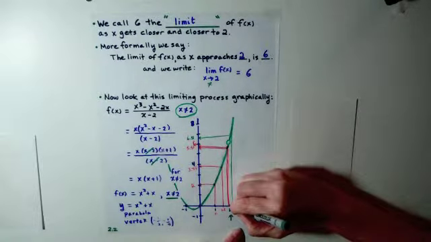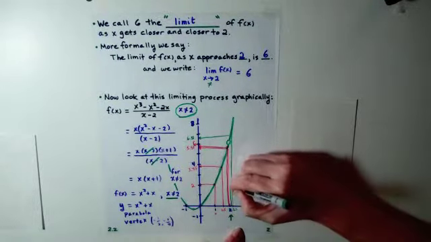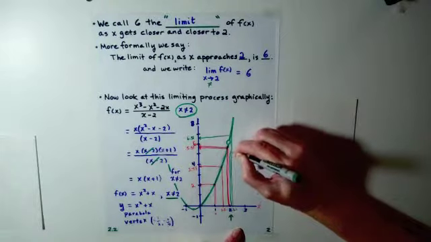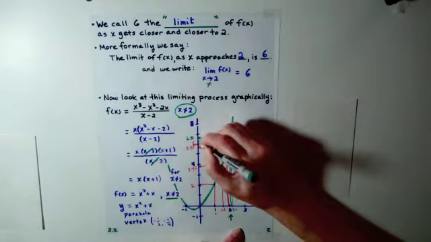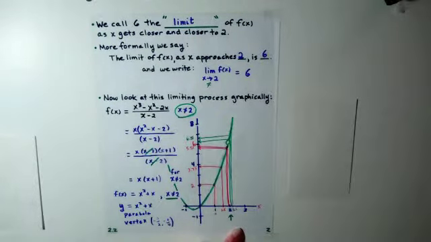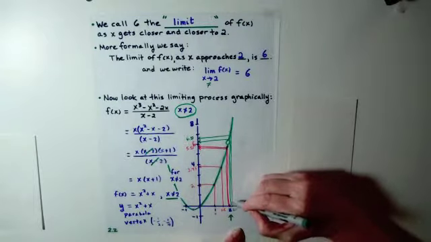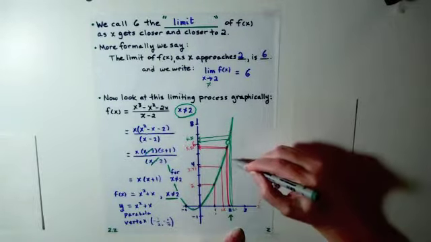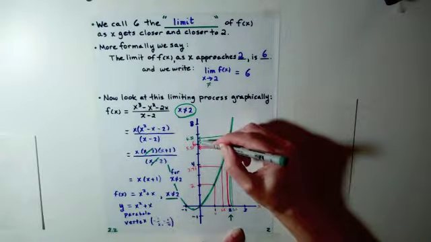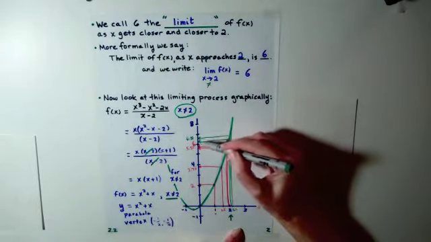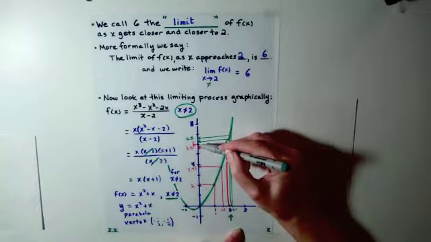If I plug in 2.01, something even closer to 2, when I go up to the graph and over, I get something that is clearly closer to 6 on the y-axis. In this case, I get the value 6.0501. The closer I choose my value to 2, but slightly larger, in the graphing terms, slightly to the right of 2, the closer my output values get, my y values collect towards 6.